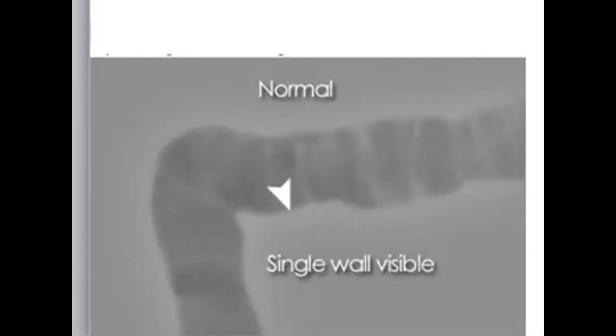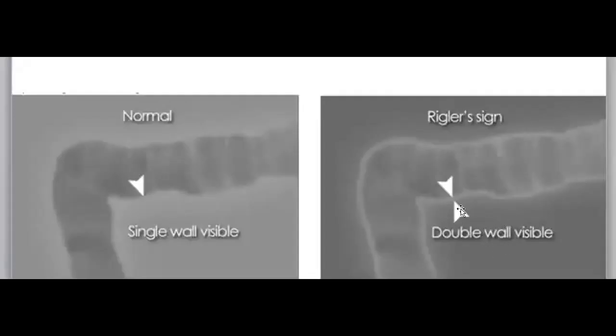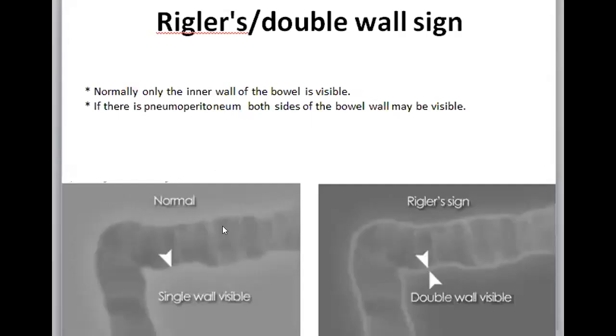This is the double wall sign, or what is called Rigler sign. You have the wall visible from both sides. So this is a true Rigler sign that indicates this patient has pneumoperitoneum. But this one is normal, which is pseudo Rigler sign.